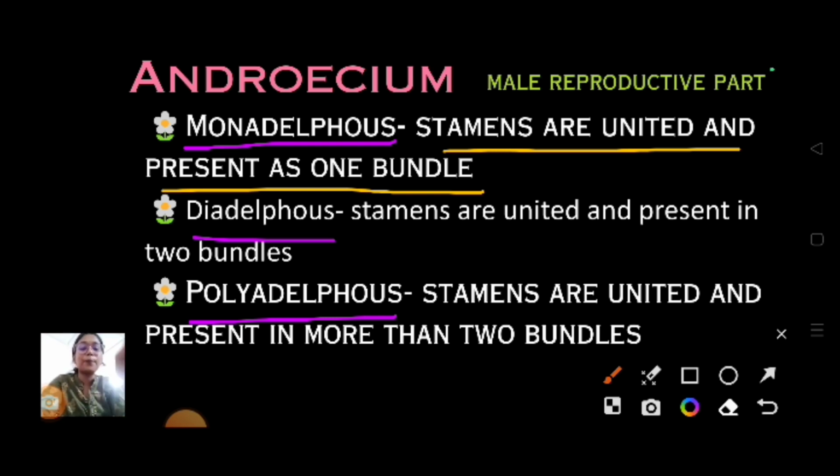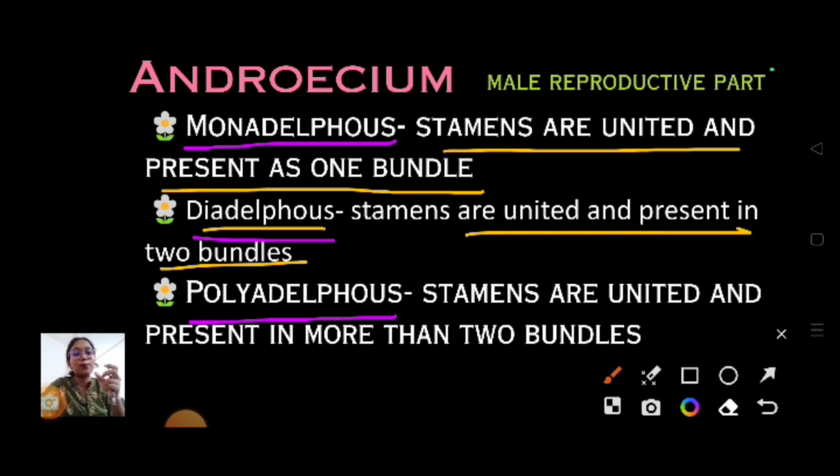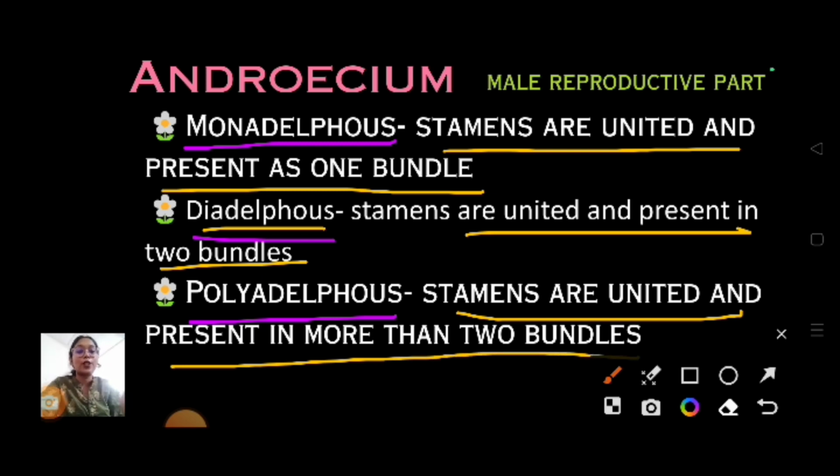Mono means one. In diadelphous condition, stamens are united and present in two bundles. So they are united, but two bundles they will have. And in polyadelphous condition, stamens are united and present in more than two bundles. So here also stamens are united, but they are present in more than two bundles.